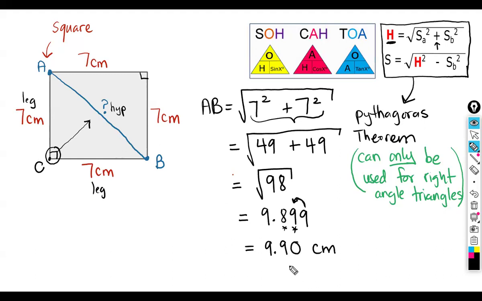Quick question. If they ask you to round it off to 2 decimal places in the CSEC exam, do I have to put the 0? Because we all know 0 is nothing. But do we have to put the 0 to make it 2 decimal places? The answer is yes, sir, because 0 is a number.